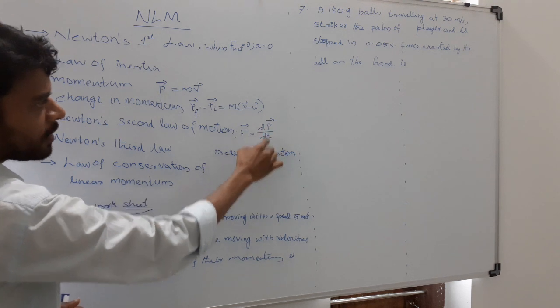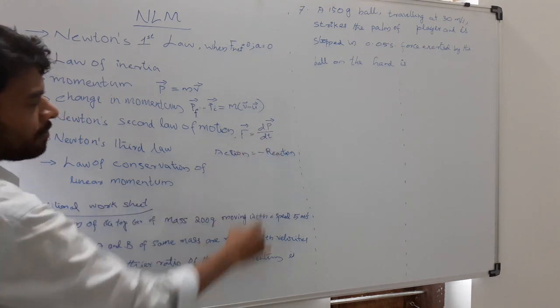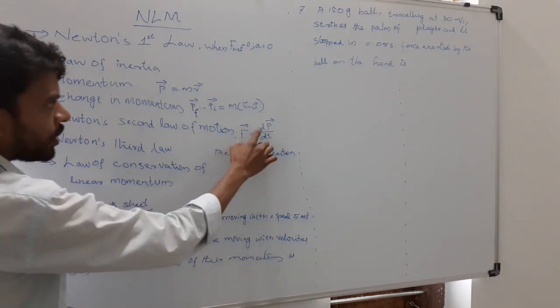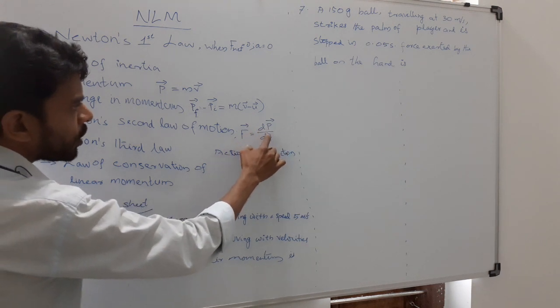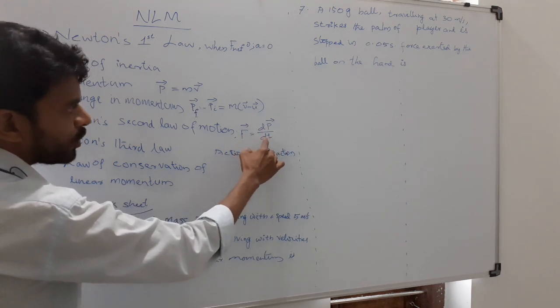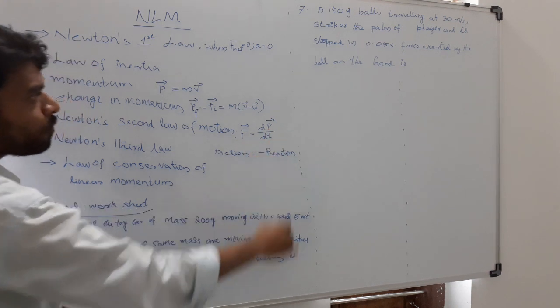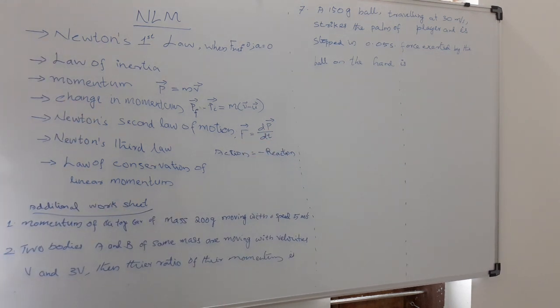Here P is momentum, and d by dt means rate of change. So F is equal to rate of change of momentum, and we derived F is equal to ma.